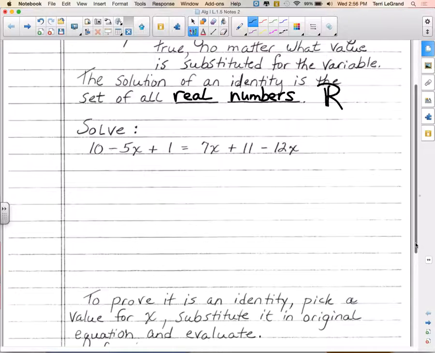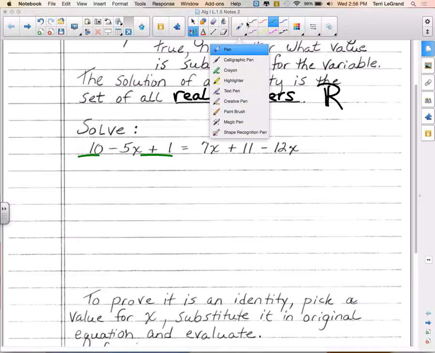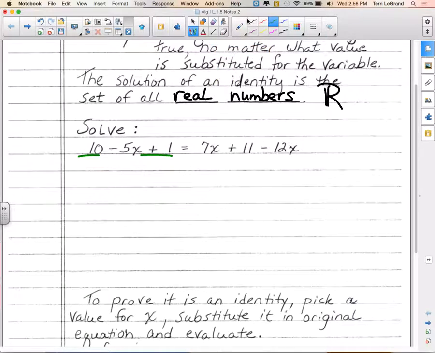Are there any like terms on the left side? What are they? The 1 and the 10? Okay, these are constants. They're like terms, aren't they? So we could put them together, and we could rewrite this then as 11 minus 5x, right? Could we do that? Equals, how about the other side?